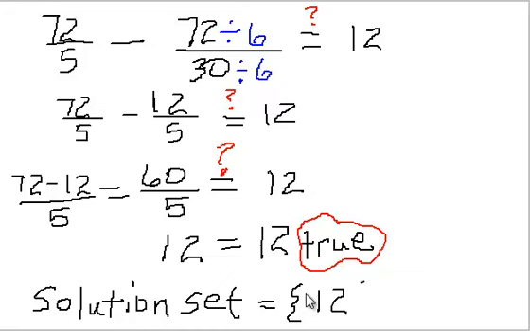So my solution set contains 72. So 72 did make the left side of the equation equal the right side of the equation, which had a value of 12. So that's how you work this type of equation that is actually a linear equation that involves fractions whose denominators are simply numbers.